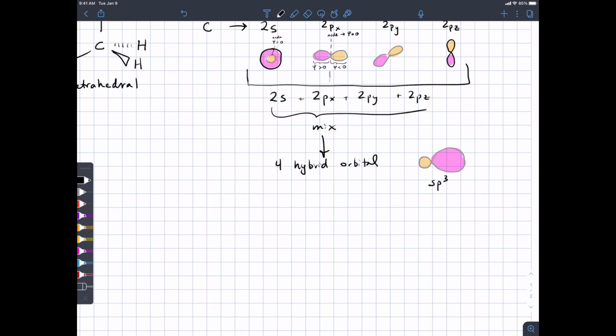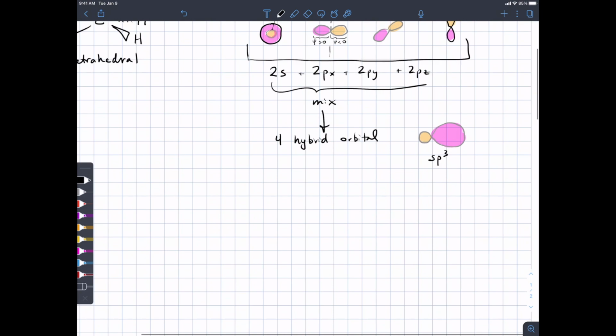And there are 4 of these, and it turns out that they are each 109 degrees away from each other. So there are 4 unique sp3 orbitals, and if I tried to draw them all in the same sort of shape, we'd get something like this.